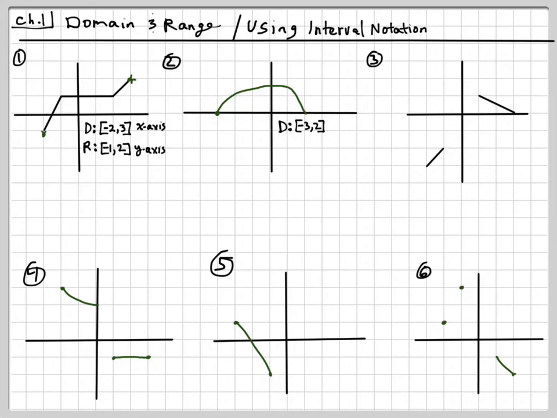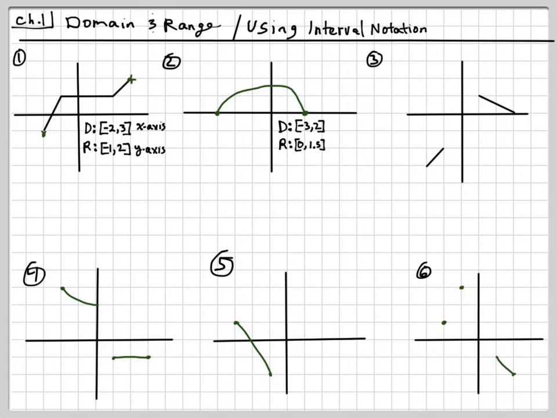The largest x value corresponds to the point furthest to the right on that curve, and it corresponds to x equals 2. So the domain spans from -3 all the way to 2, and we put [-3, 2] in brackets, and that's how we represent the domain.